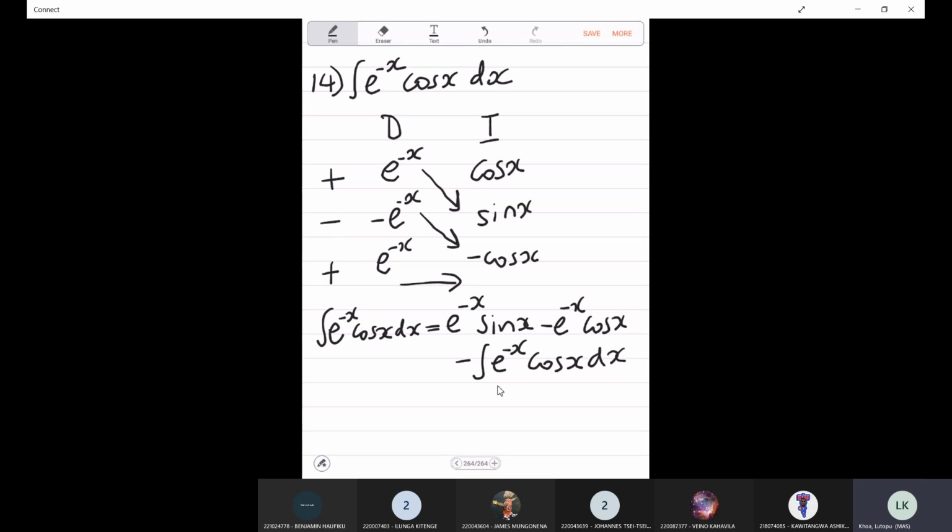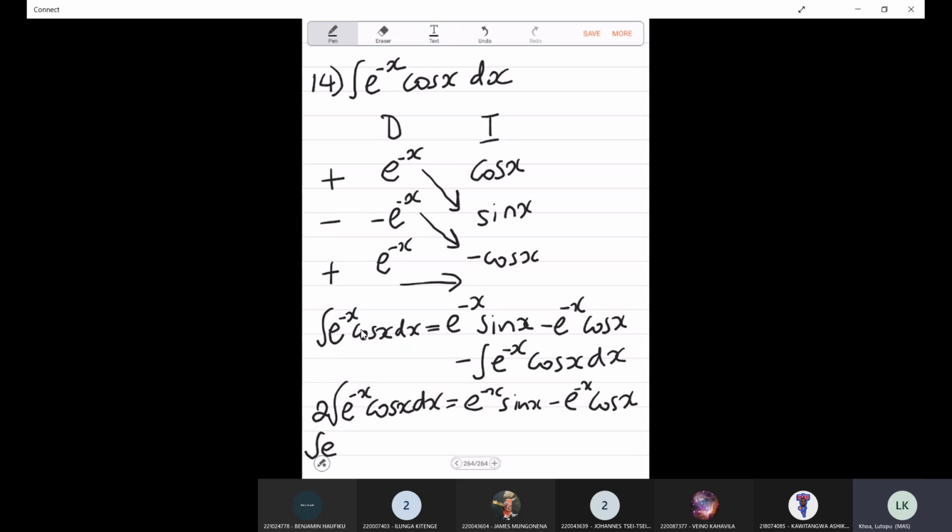But then you can see that this integral here is the same as what you have on the other side. So you can take it to the other side, and then you get 2 times the integral of e to the power of minus x cos x dx, which is e to the power of minus x sine x minus e to the power of minus x cos x. And then you divide everything by 2 and add your constant of integration.